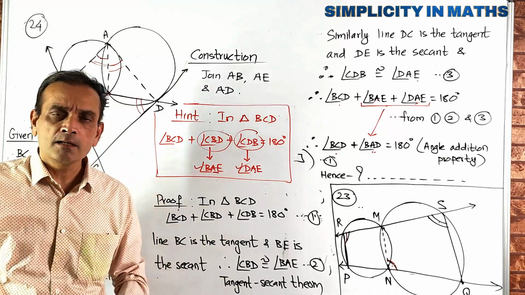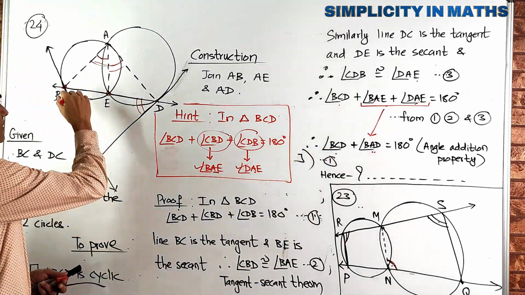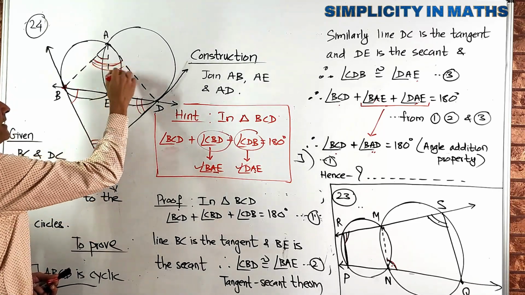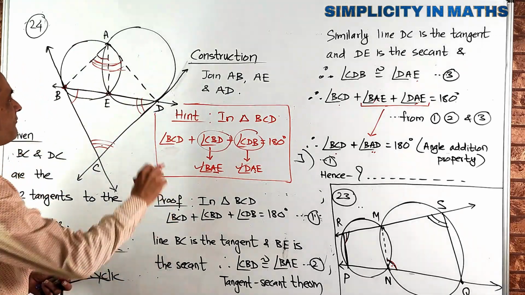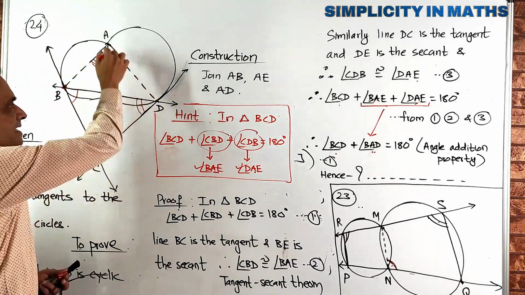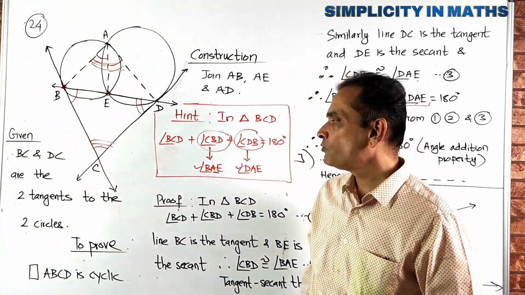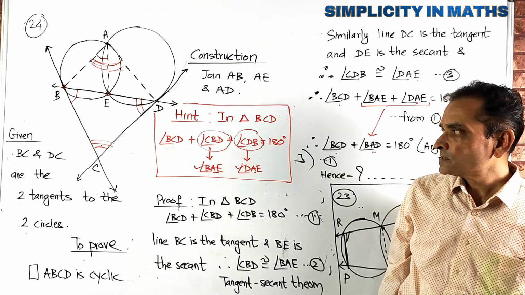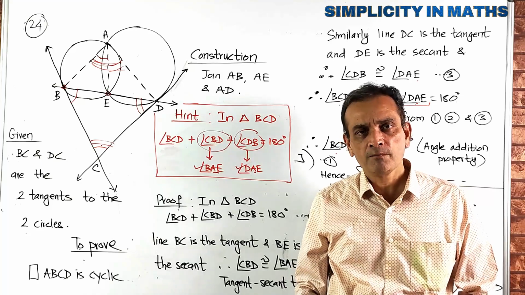You can complete it. What will you say now? Angle BCD plus angle BAD, this angle plus this angle is 180, therefore quadrilateral ABCD is cyclic. That is what we wanted to prove. Isn't it easy? Because of this main hint, the problem becomes simple.